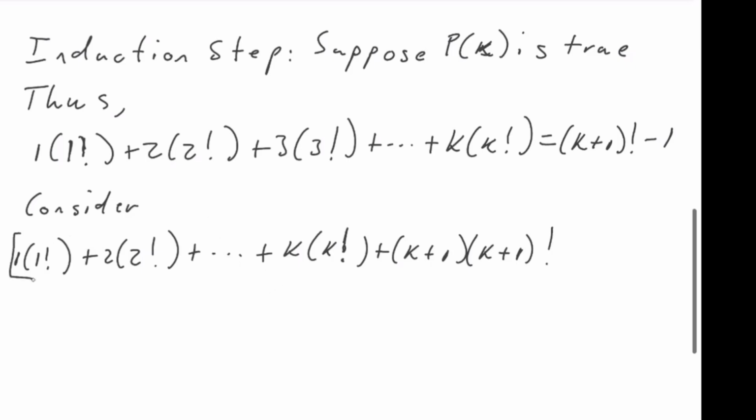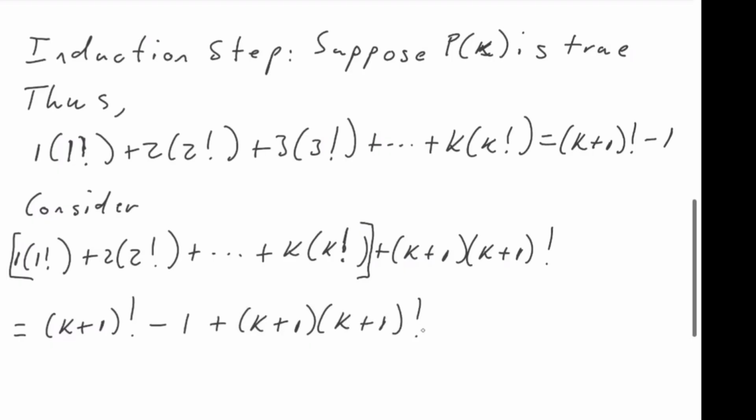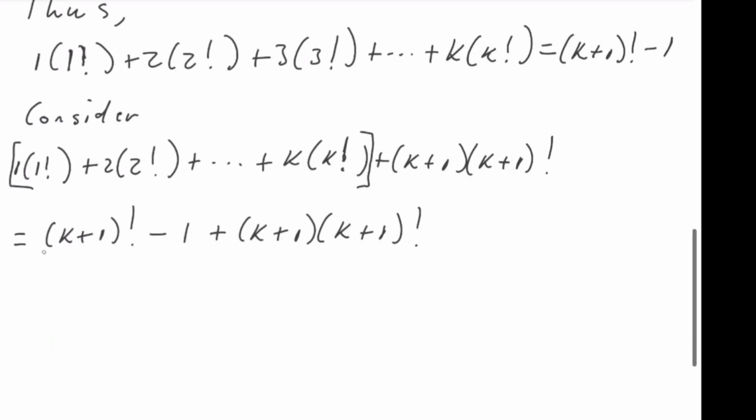Now, from our induction hypothesis, we know this sum is equal to (k plus 1) factorial minus 1. And then we're going to add that plus (k plus 1) times (k plus 1) factorial. And I can see I can factor out a (k plus 1) factorial from these two terms.